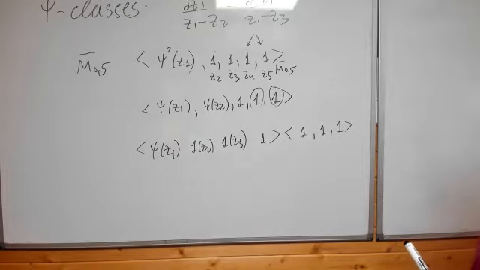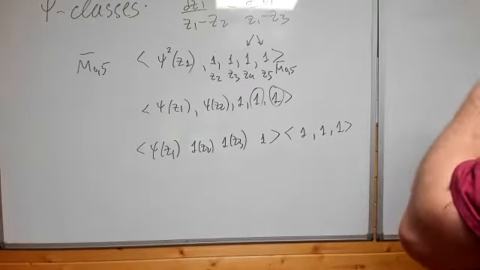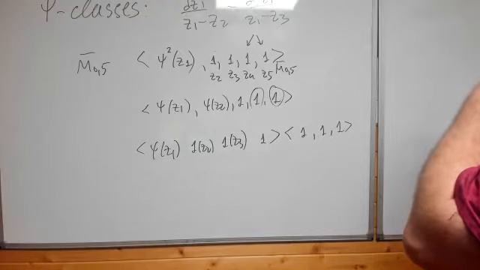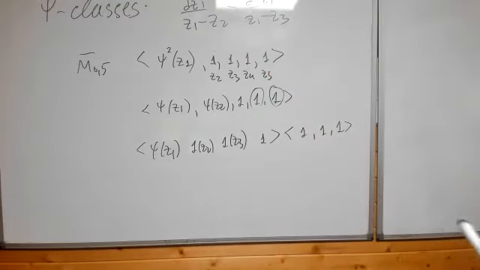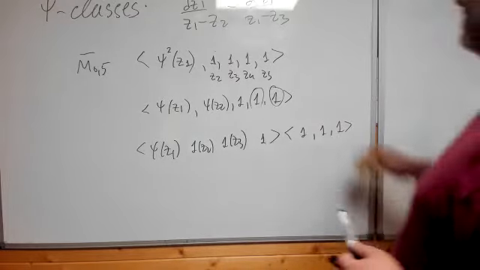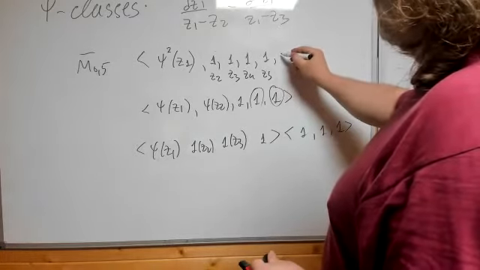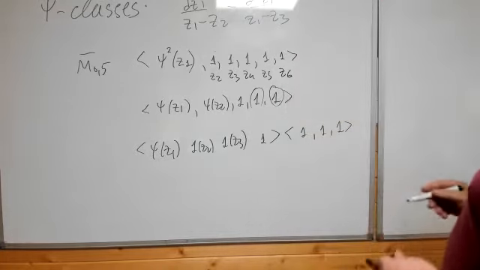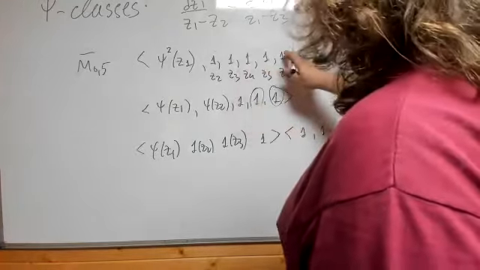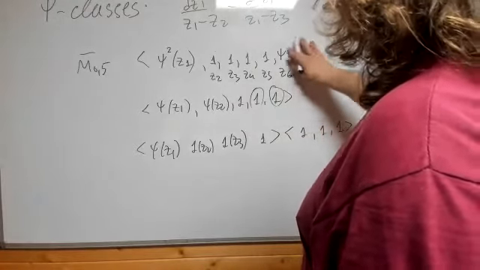So it's too simple. Actually, something more interesting would happen. I'm trying to say that there is a possibility to get more interesting numbers. So maybe it comes when you have 6 points, and you have psi at Z6.